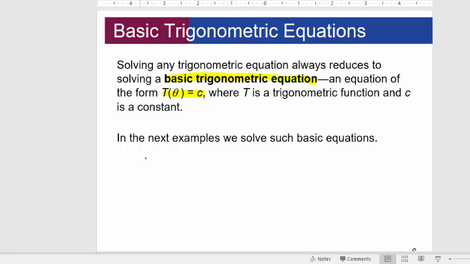An example would be sine theta equals 1, or cosine theta equals negative a half, or tangent of theta equals 6. Here you just have a trig function equal to a constant. So those are basic trig equations.